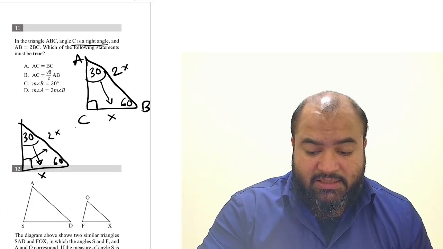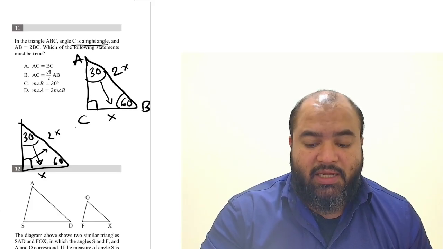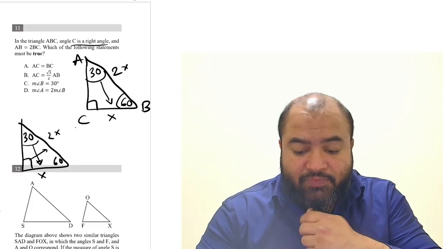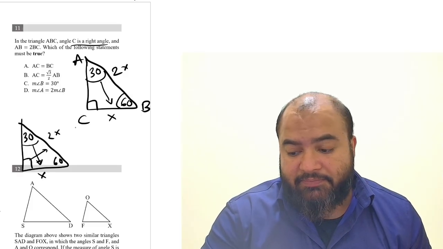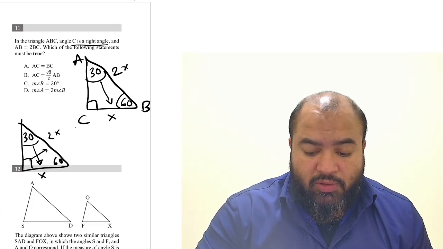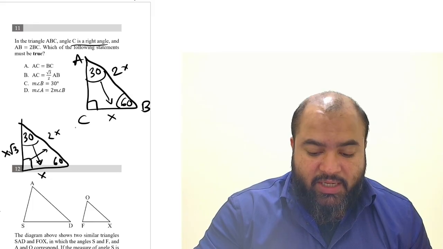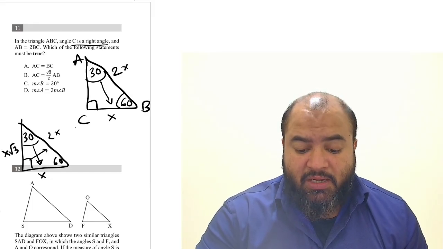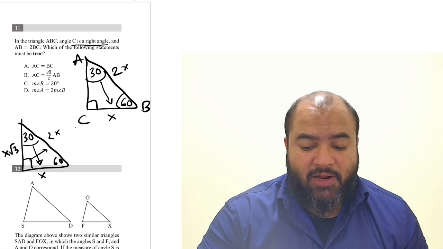And this is going to be 60-degree, of course, because the 3 angles have to add up to 180. Now, if you look back at it, the other side will be X radical 3. This will be given in the reference table. It's called the 30, 60, 90 special triangle, and you just follow the pattern.